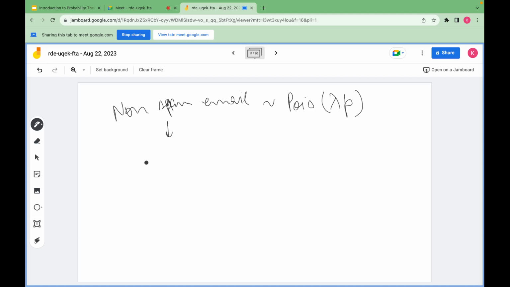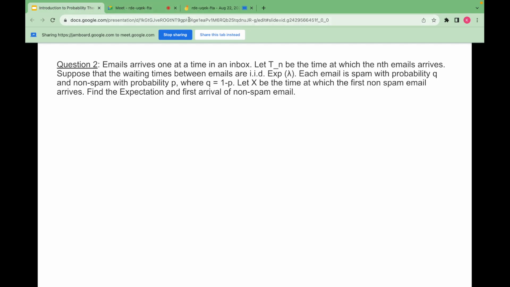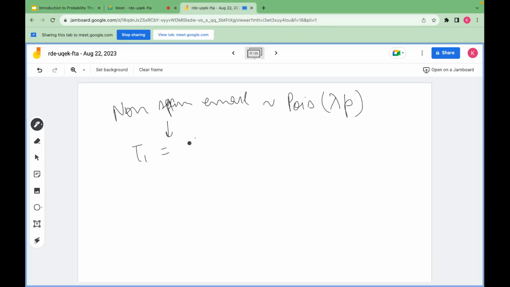So let T1 be the event of the first non-spam email.